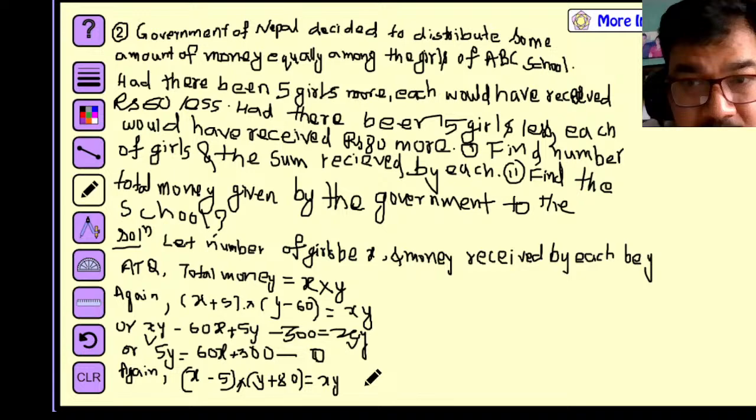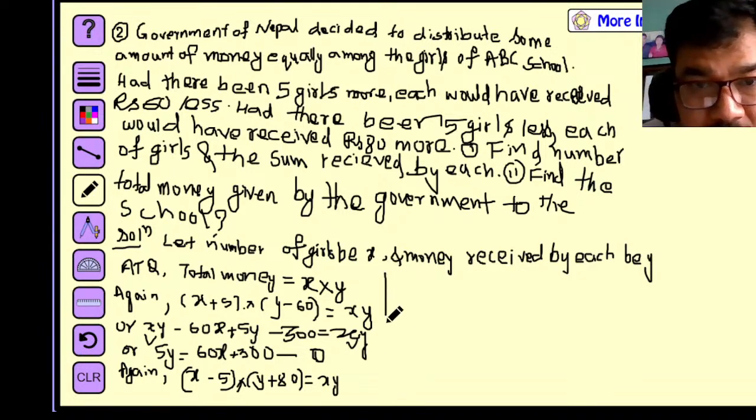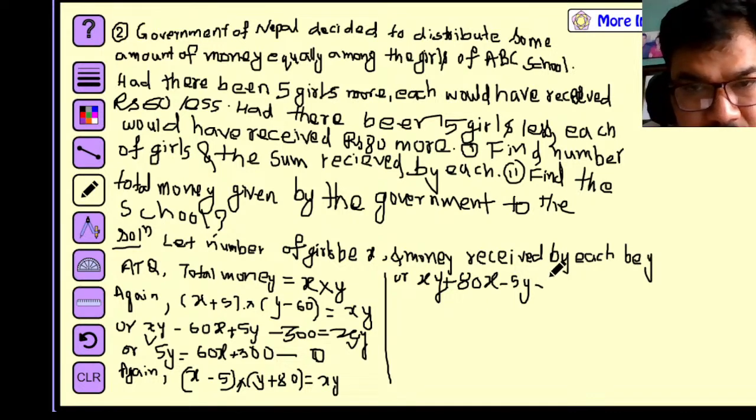Let's open this bracket also. Here only I am doing this side. Open this one right here: xy, and this multiplied with 80 will be plus 80x. And when you multiply by minus 5, then it will be minus 5y, and minus 5 into plus 80 will be minus 400.